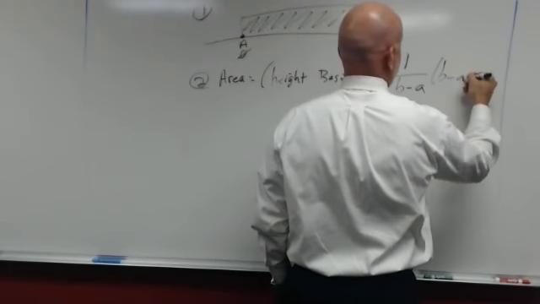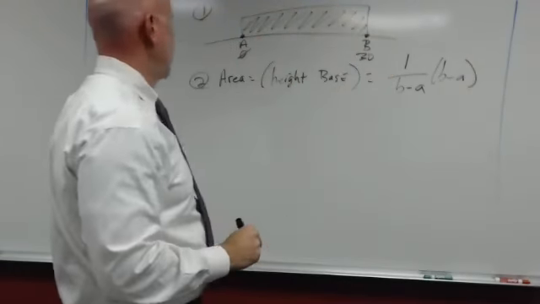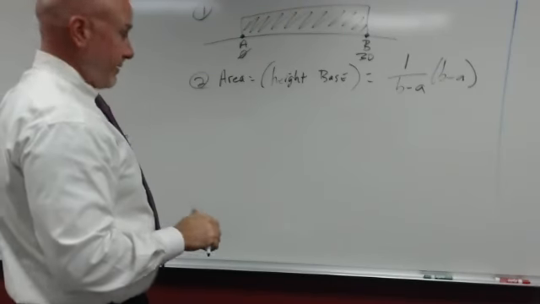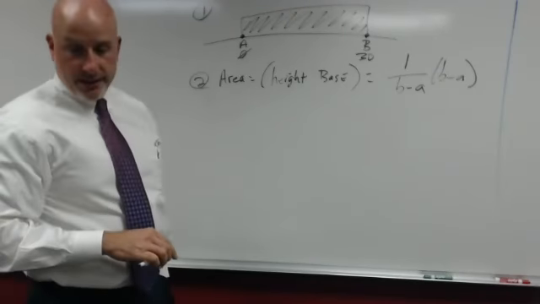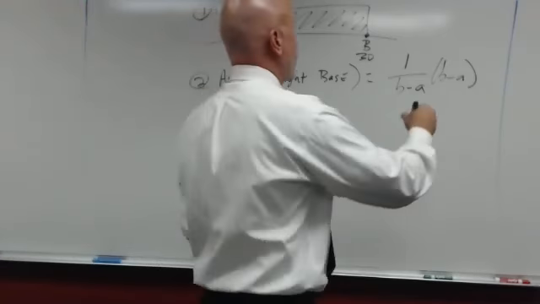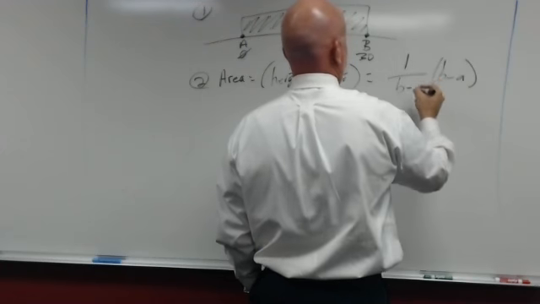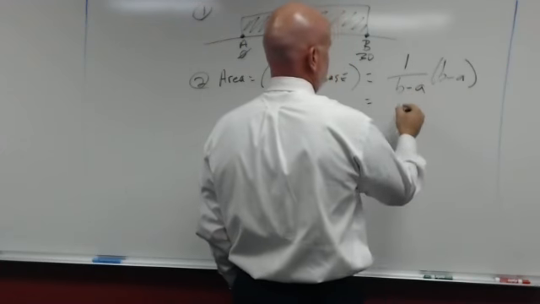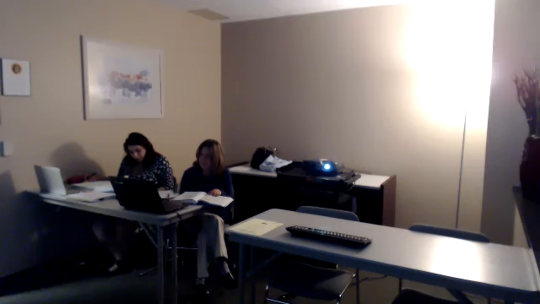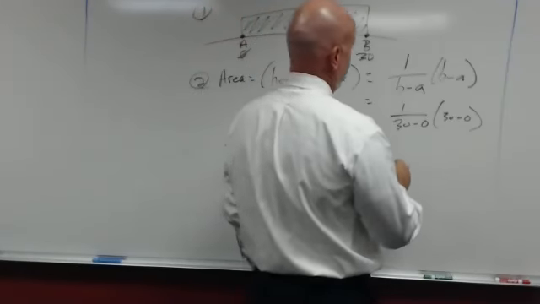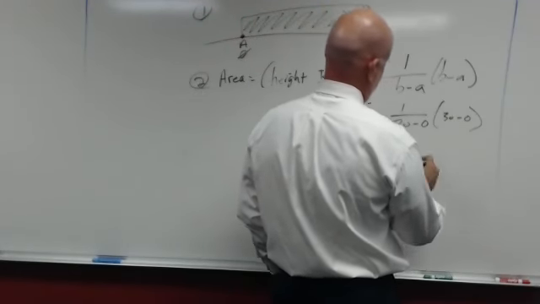Multiplied by B minus A. All right, so if I solve for the area, what's my point 1? So B is 30 minus A, or 30 minus 0, times 30 minus 0. And if you solve for that, you're going to get 1.